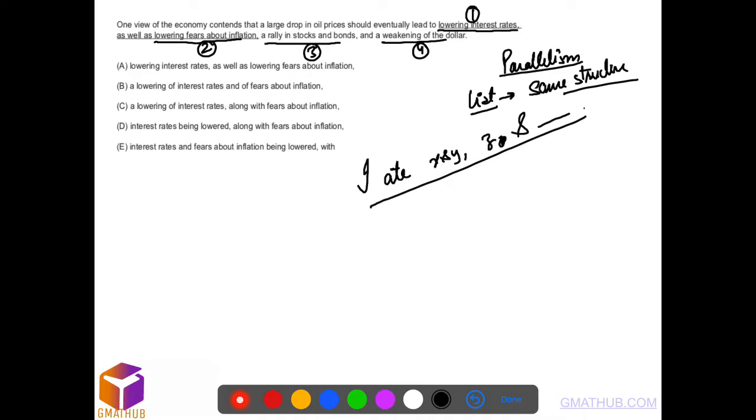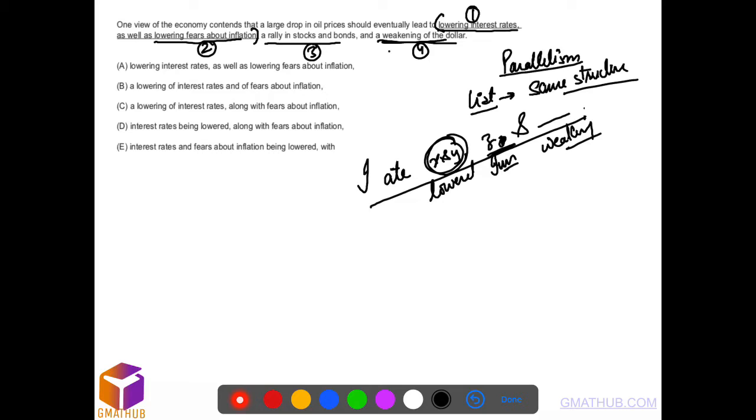Lowering of interest rates and fears about inflation. So X and Y are lowered, that's why they are in one category. Then a rally in stock prices, and a weakening of the dollar. So these are the three categories of things happening.